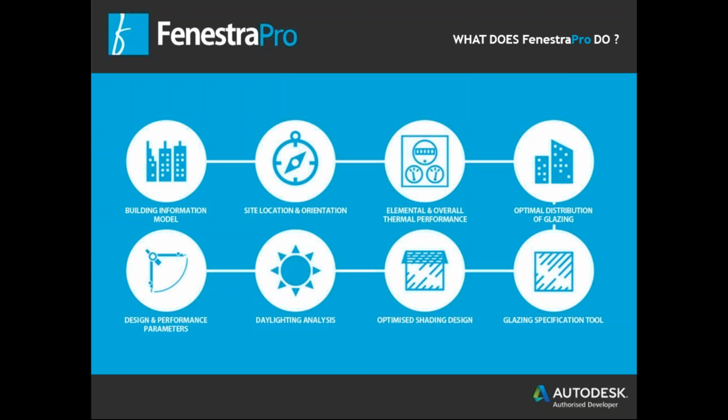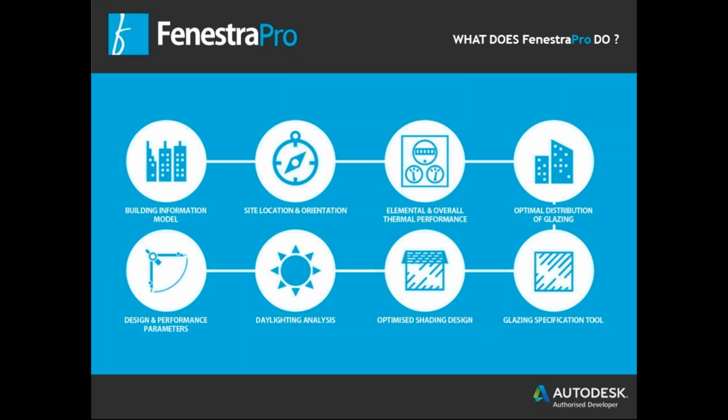So what does Fenestra Pro do? First, it starts with the building information model. It gathers the information from the building information model and then geolocates it on the site. It takes into account element and overall thermal performance of the glazing units, and then takes a look at automatically distributing the glazing unit across an entire model.